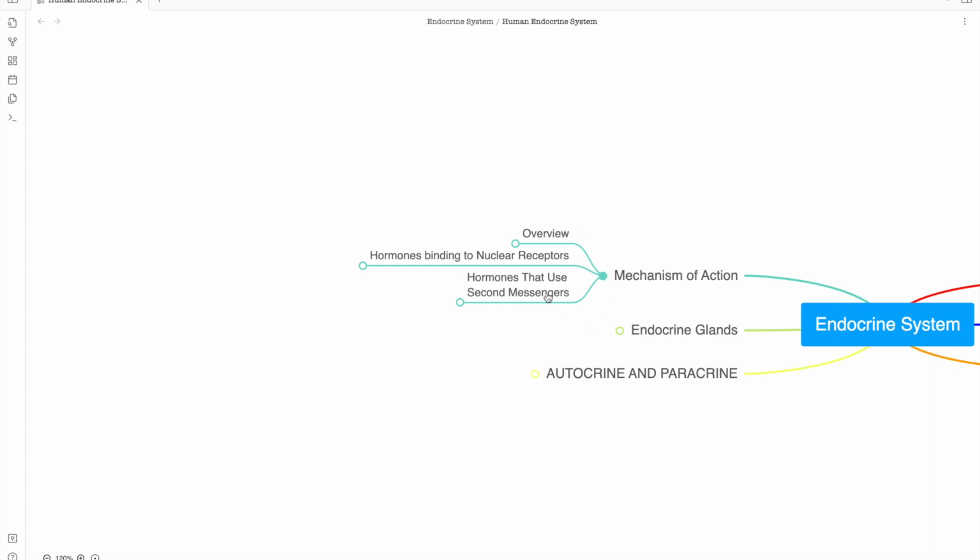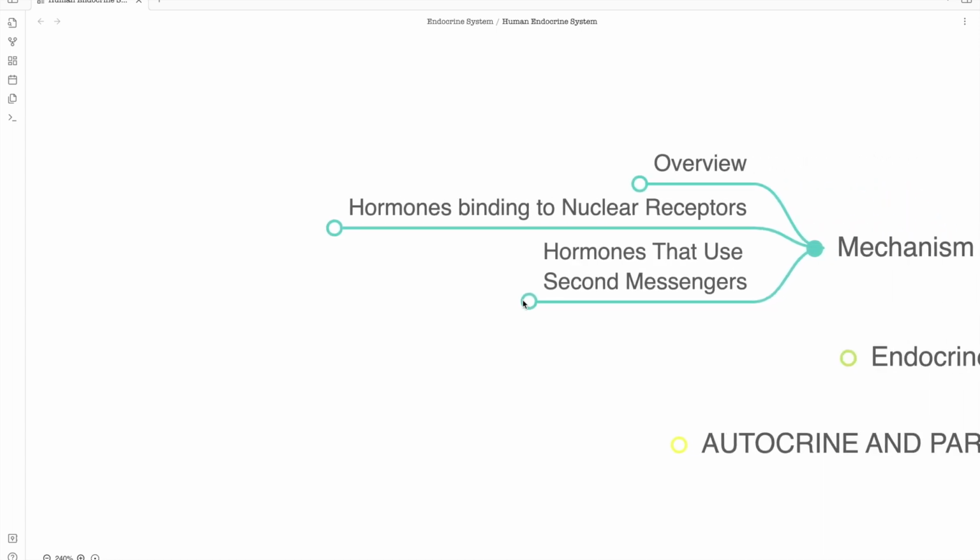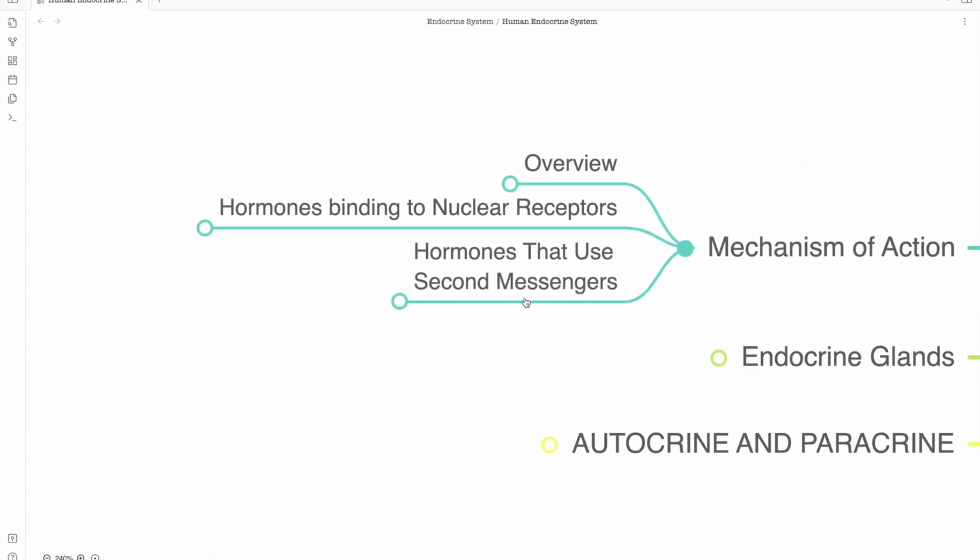So as you can see from our agenda, there are two different types of hormones: hormones which can bind with the nuclear receptors and hormones that can use the secondary messengers. Now what are the secondary messengers? Secondary messengers are small molecules which help in the cell signaling system. We'll deep dive into the secondary messengers in future when we discuss cell signaling.